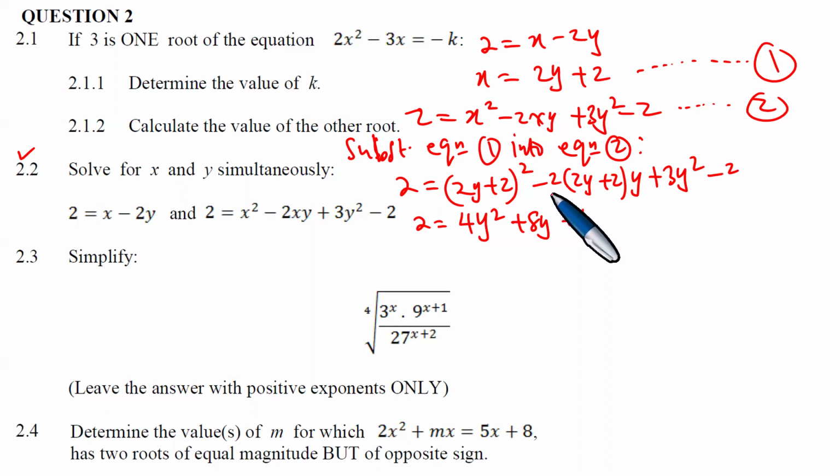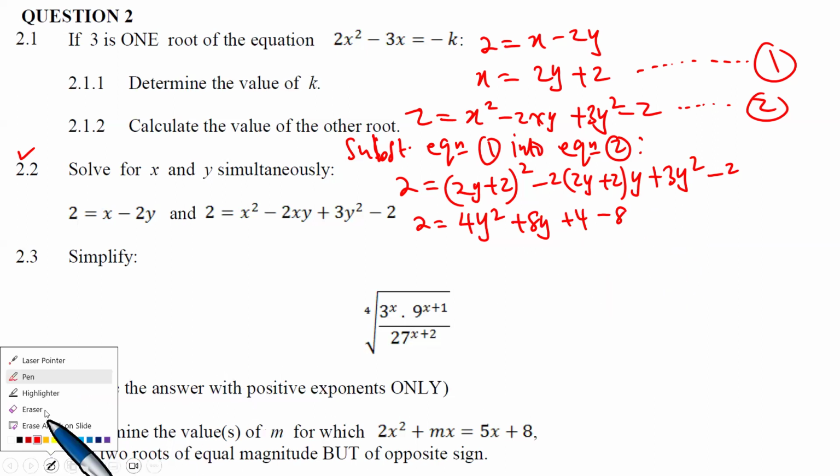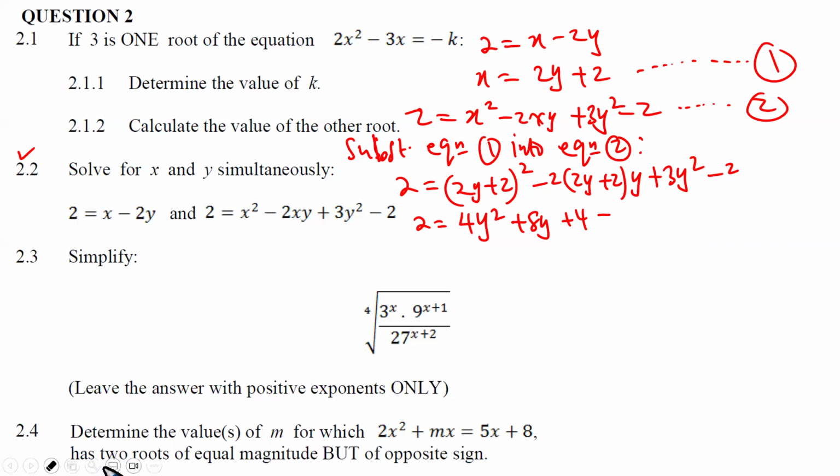Okay, here if you distribute by opening up the brackets, what do you get? You have minus 2 times 2y, which is minus 4y times y, which is minus 4y squared. So this one gives us minus 4y squared, and this one gives us the minus 4y plus 3y squared minus 2.